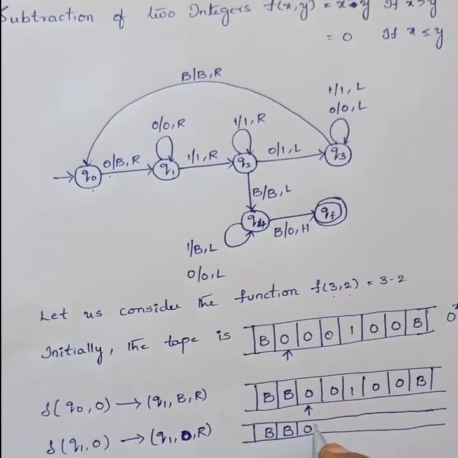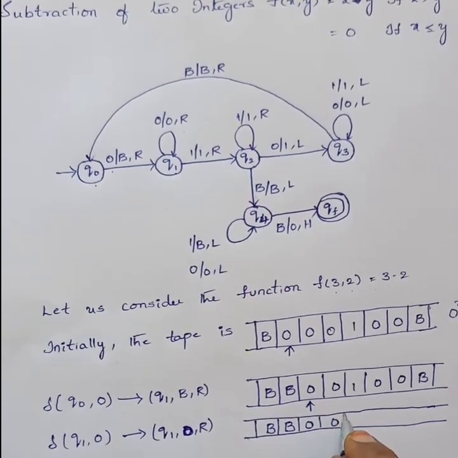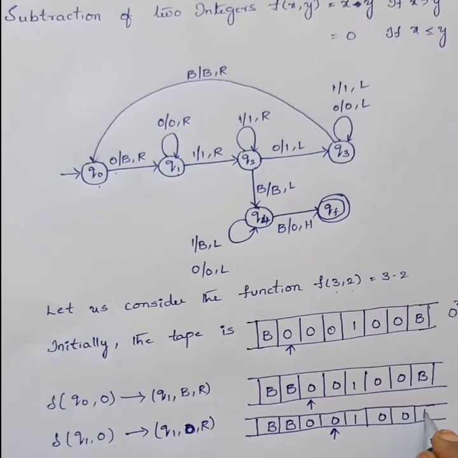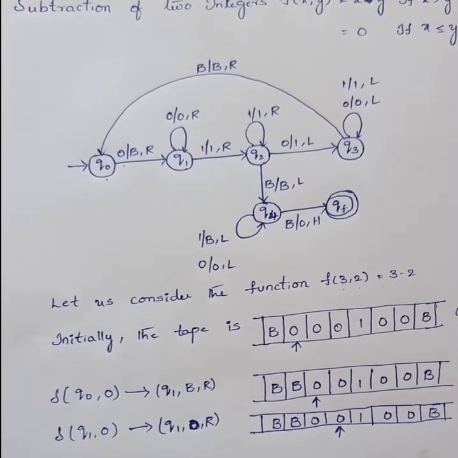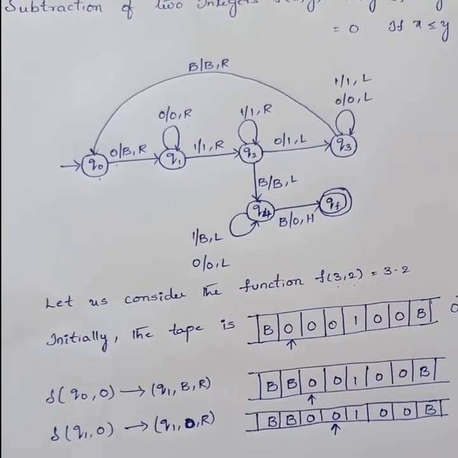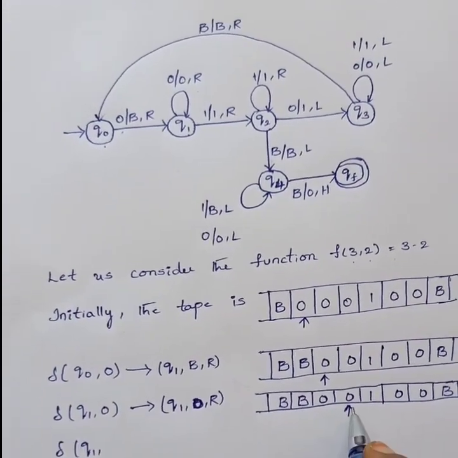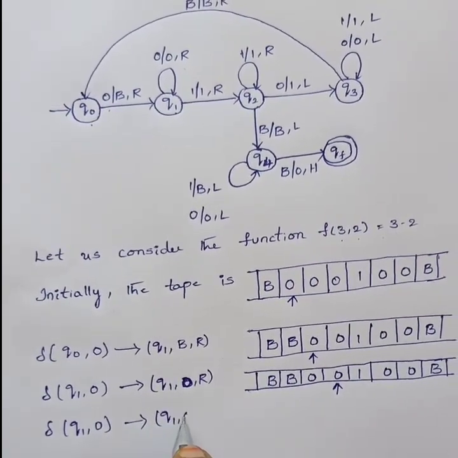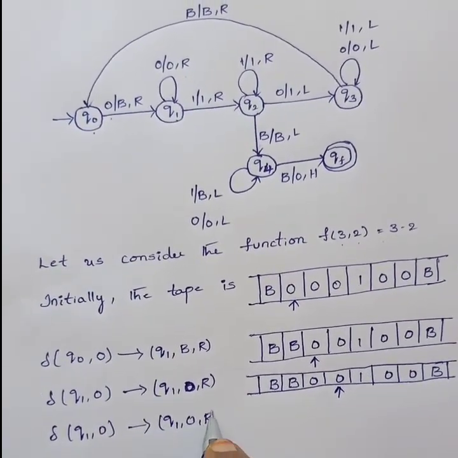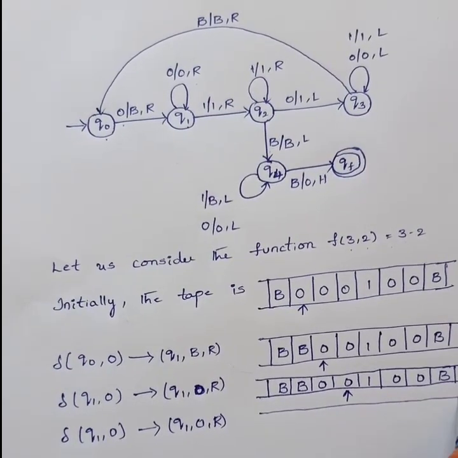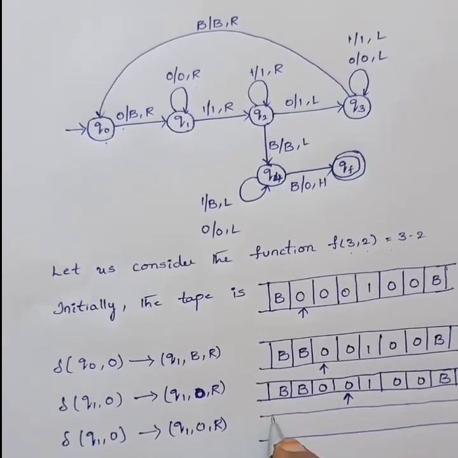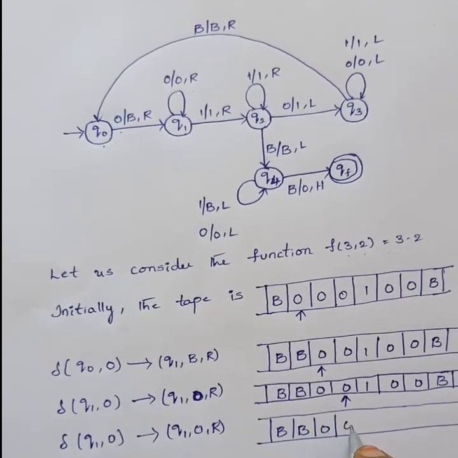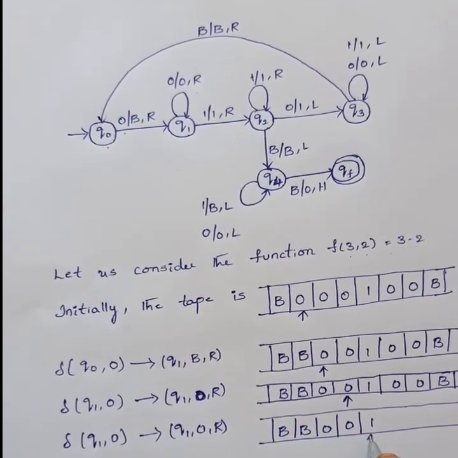Here I am replacing this 0 as it is and moving to right, and the remaining data is replaced as it is. Now I am in the Q1 state. What is the input now? 0. In the Q1 state, if I get 0, with the same state 0 remains the same and moves to right.